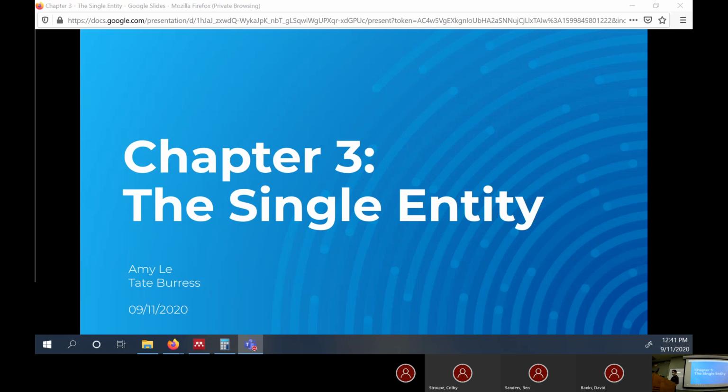If you're in person and you participate in the first presentation with Amy and Tate, you'll get 5 points on your exam 2. And if you're on Teams and you unmute your microphone and speak during the second presentation, you'll get 5 points on exam 2. But the key is that you have to unmute your mic and speak to earn those points.